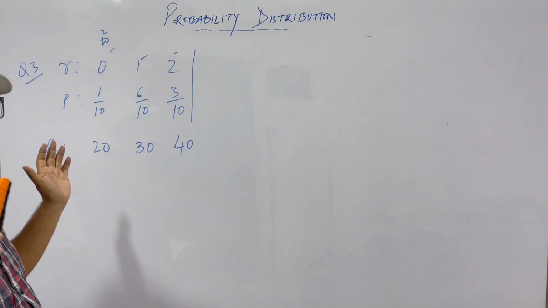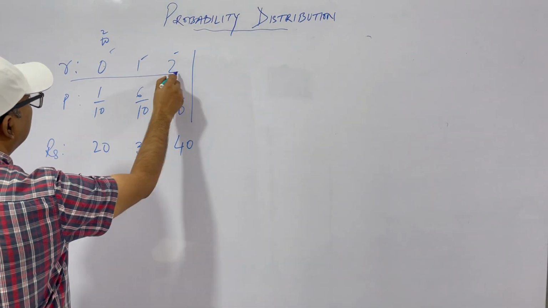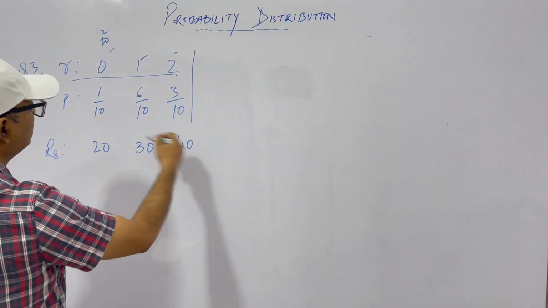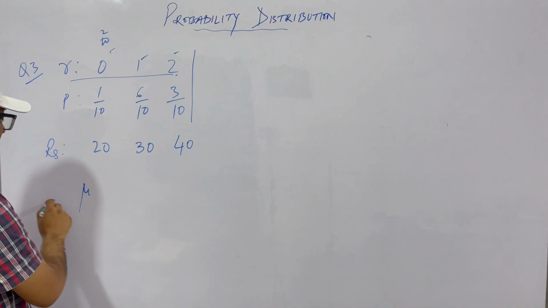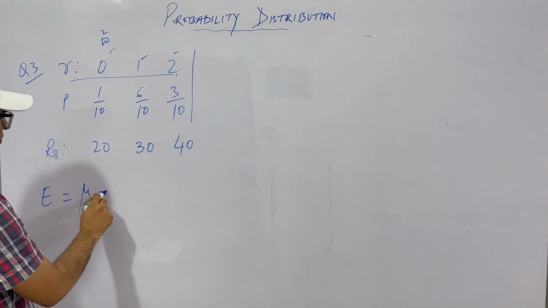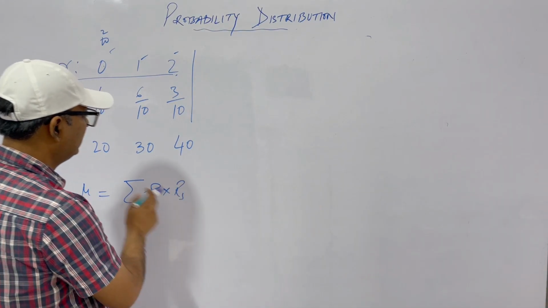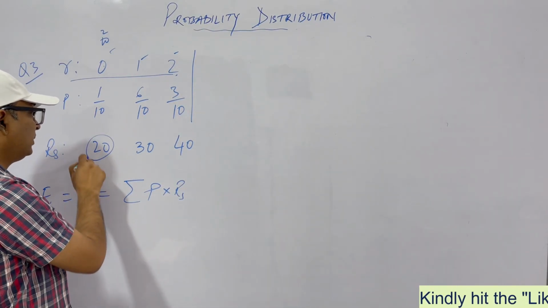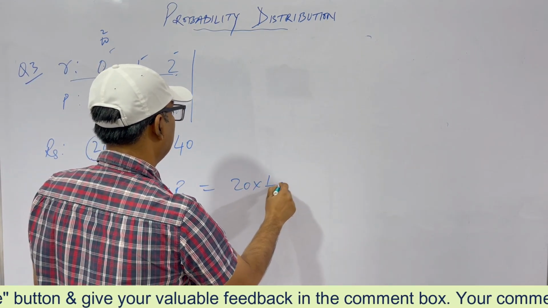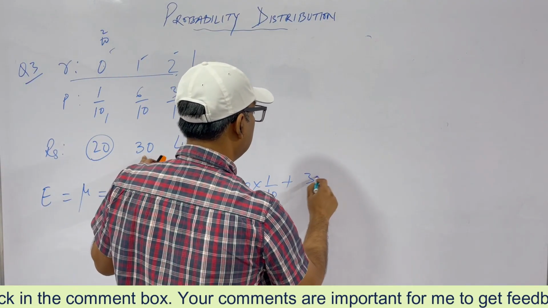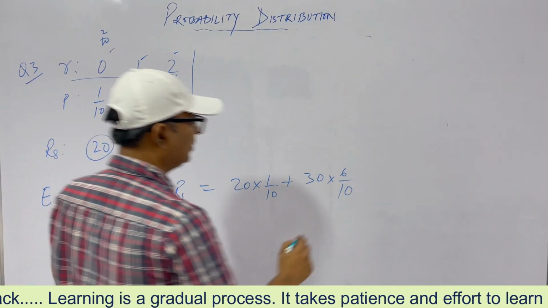So what will be the expectation? That is the mean. We multiply each pi into xi and we get our mean. That is expectation: the amount into its probability. So this is 20 into 1 by 10 plus 30 into 6 by 10 plus 40 into 3 by 10.